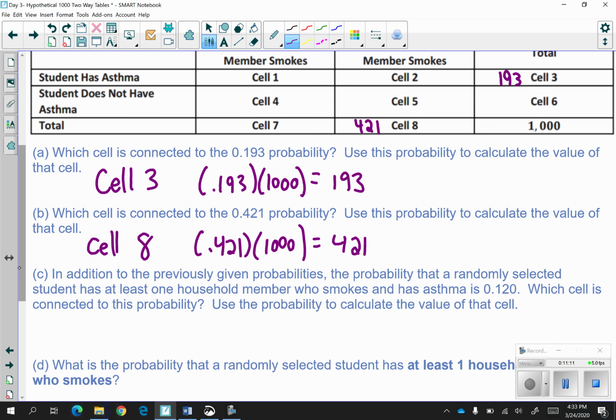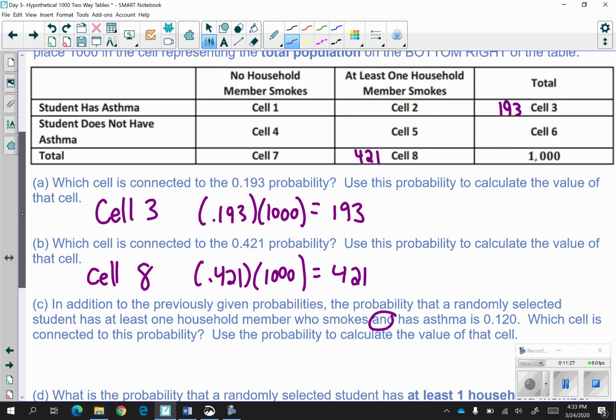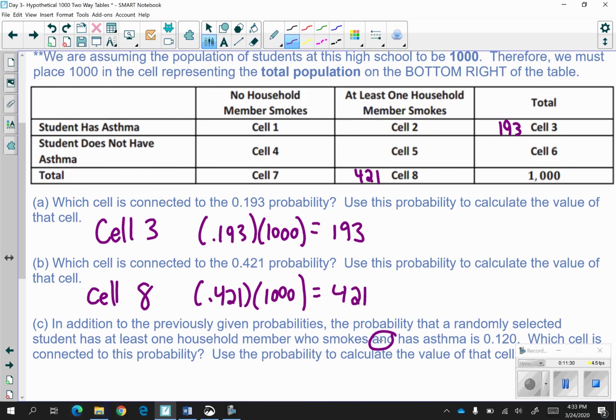Now, part C is saying, in addition to the previously given probabilities, the probability that a randomly selected student has at least one household member who smokes and has asthma is 0.120. So they want to know which cell this probability is connected to. Keep in mind that because it's an and probability, we're going to be somewhere on the inside.